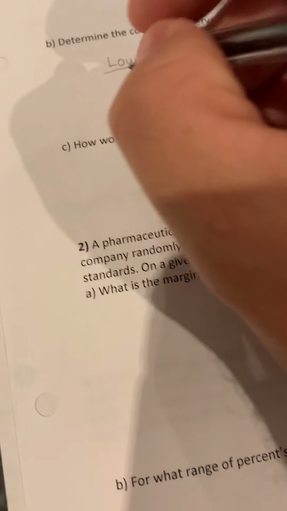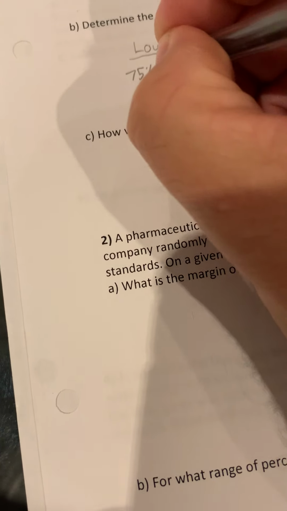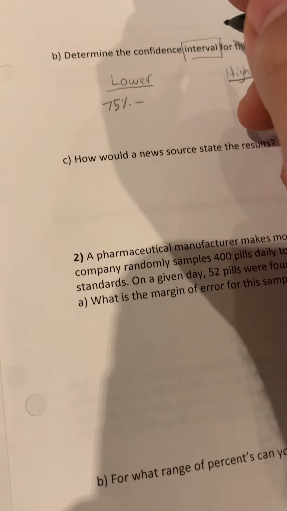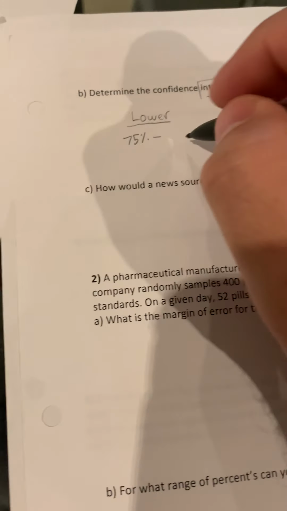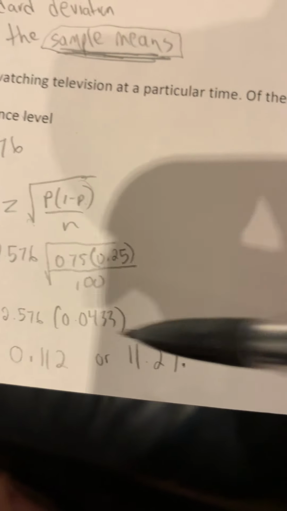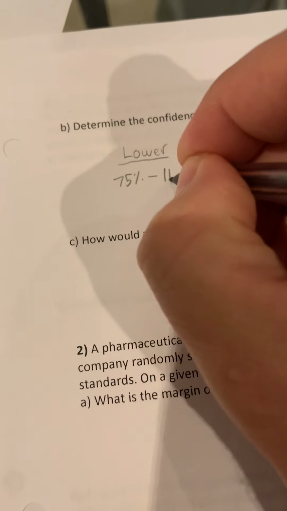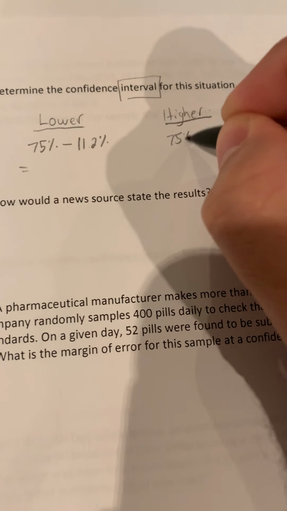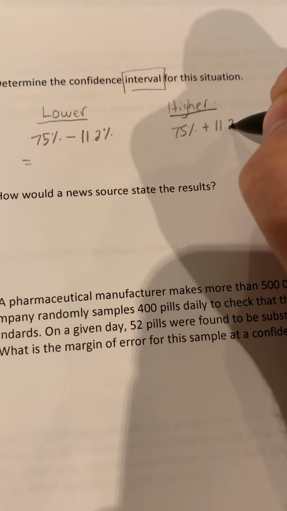So our percent here is 75%, and we are going to subtract our margin of error, which is 11.2. And then we're going to take the 75%, and add 11.2%.